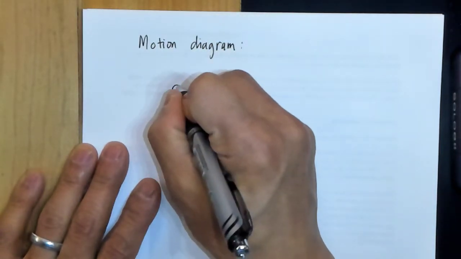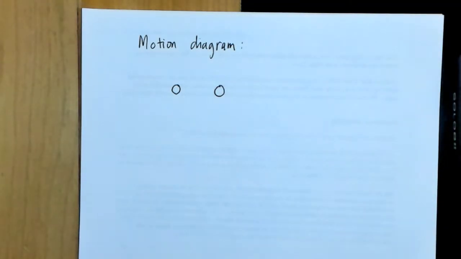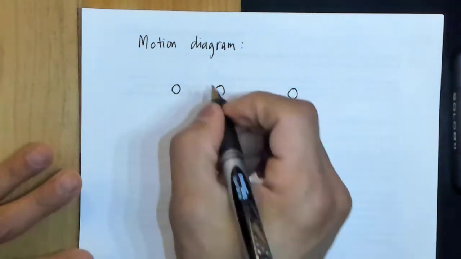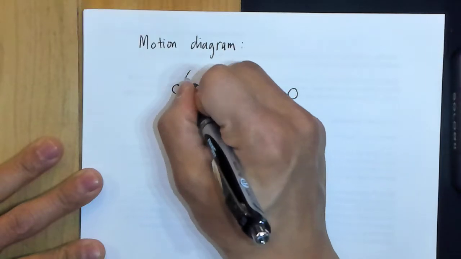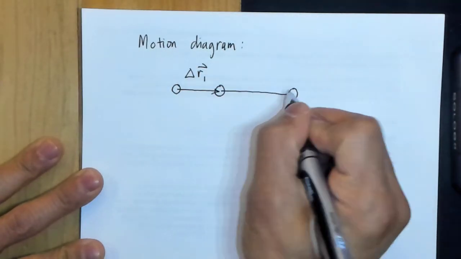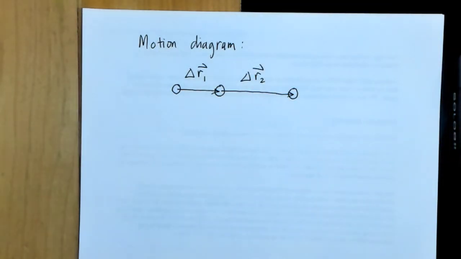Let's say I have a ball here, and then at the next time interval, it's over here, and then at the next time interval, let's say it's further along. So I can say, here is my displacement for the first time interval, delta r1, and then for the second time interval, I have a delta r2, and then so on, and I can go on from there. Everybody follow me?